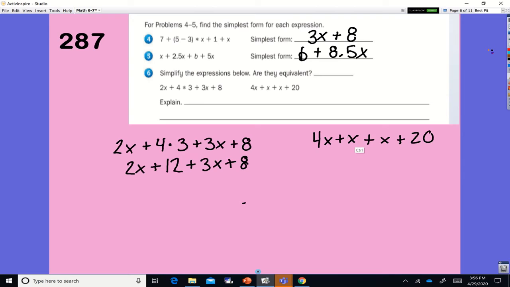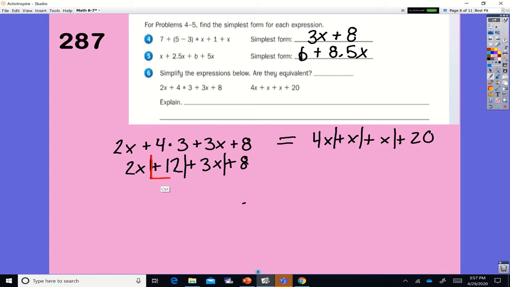Now before I worry about this side, to see if they're equal to each other, we're going to do this side first. So we're going to make our red a regular number once we split it up. Always making sure that the sign in front of it goes with it.